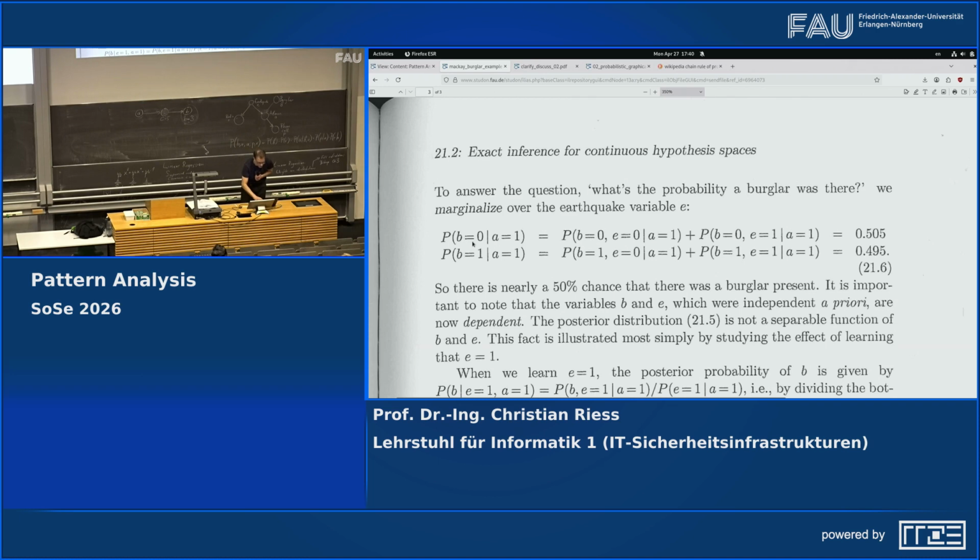Let's appreciate this equation a bit more. We are interested in the probability that there was no burglar, given that the alarm was raised.